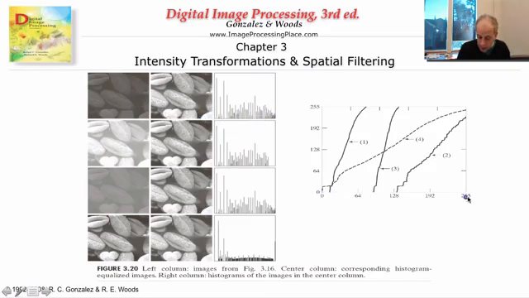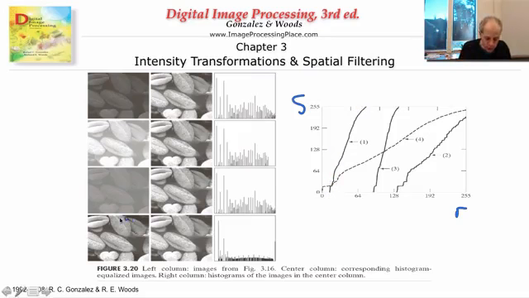Pixel values from here get mapped to here. So this is my R, and this is my S. And look at the map. It has a very, very high slope because it's trying to very fast map very dark pixels to brighter pixels. So it has a very sharp slope.